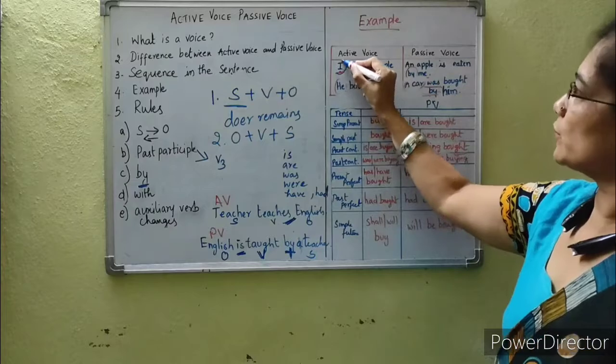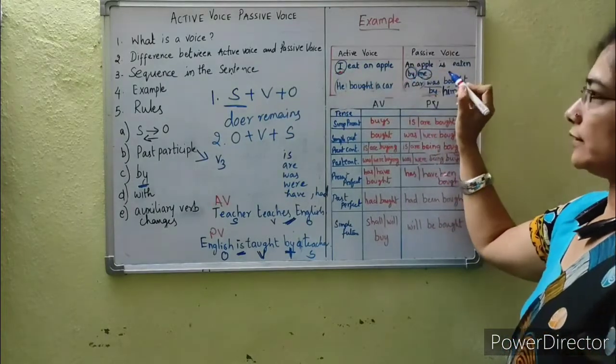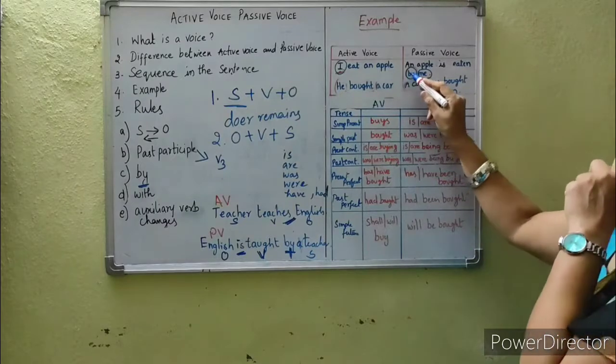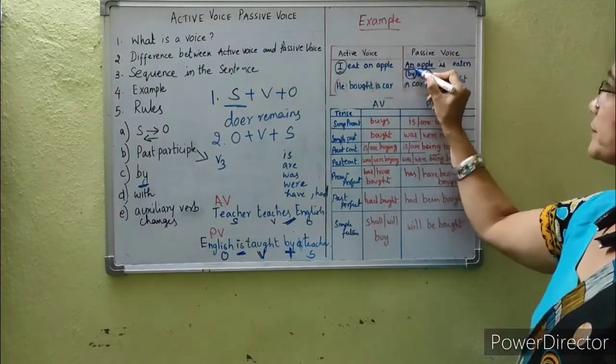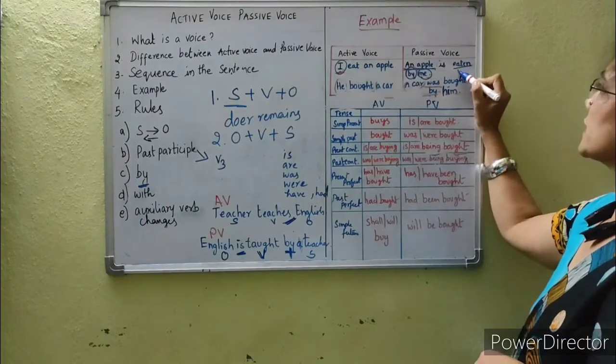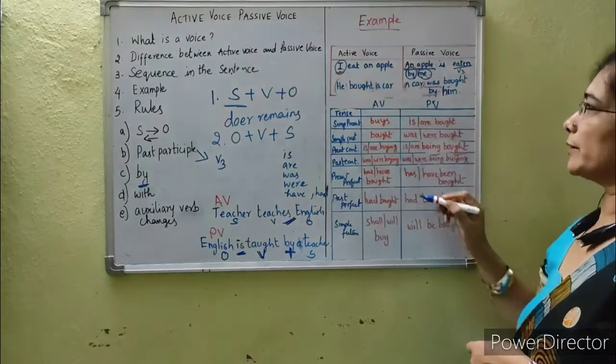The rule here is the same. We have added by here. What is done by me is, an apple is eaten by me. So this is the V3 form, that is the past participle form.